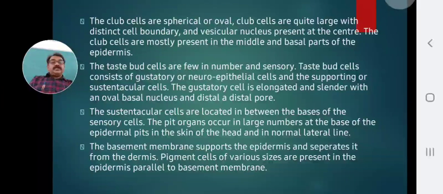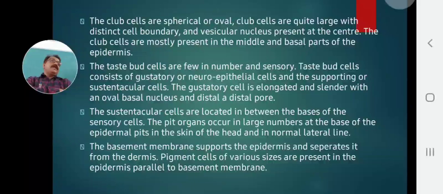The basement membrane supports the epidermis and separates it from the dermis. Two layers, epidermis and dermis, are separated from each other by a layer called the basement membrane layer.